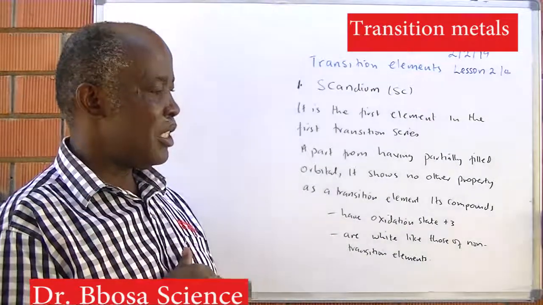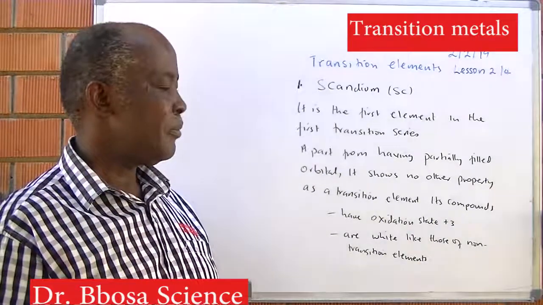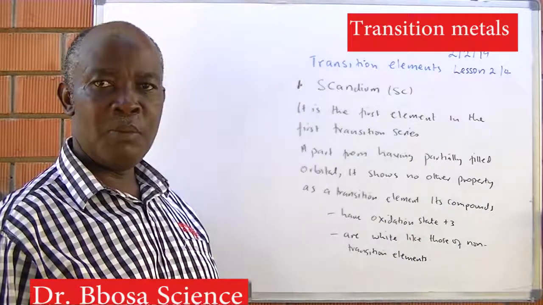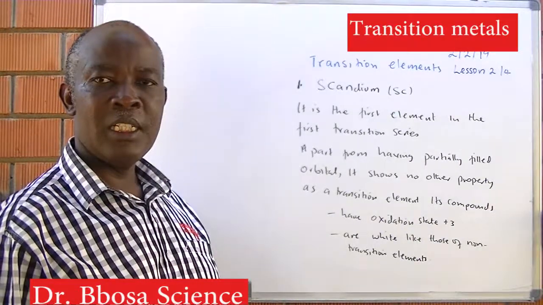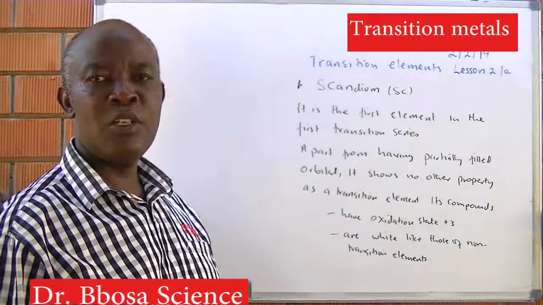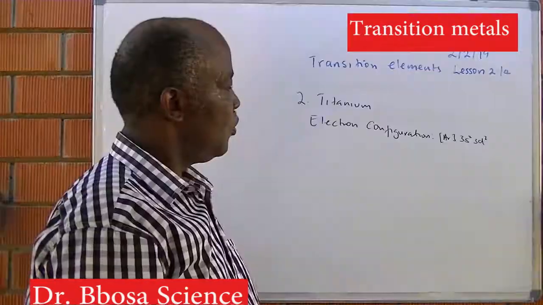Because both have oxidation state positive 3, they both form white compounds. They both form double salts, such as potassium aluminium sulfate or potassium scandium sulfate.